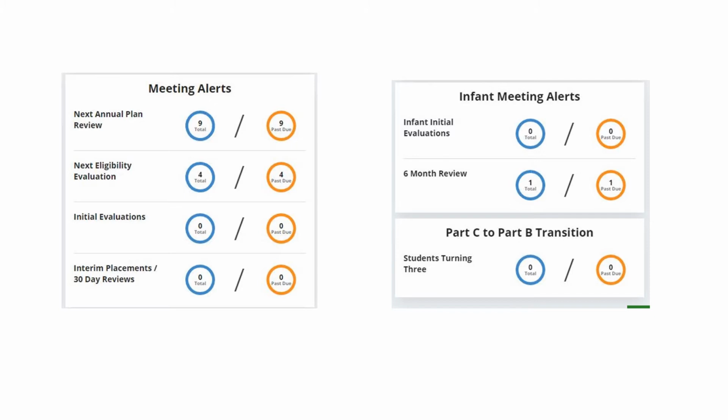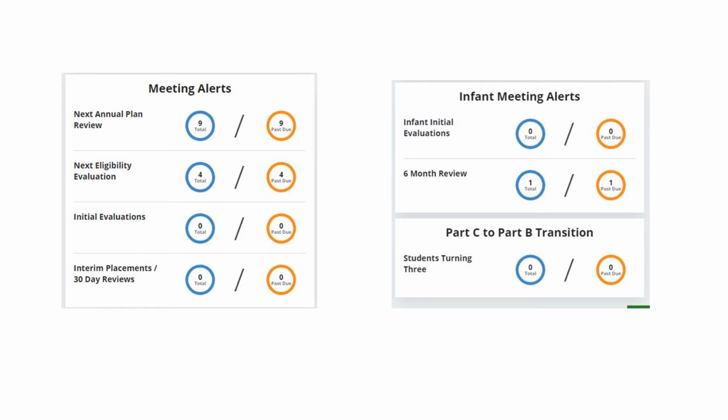The blue circle represents meetings that are coming due soon. The orange circle indicates the number of meetings that are now past due. The information to the right pertains to infant plans and is not relevant to most users.